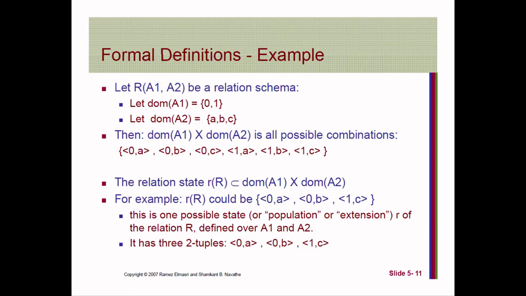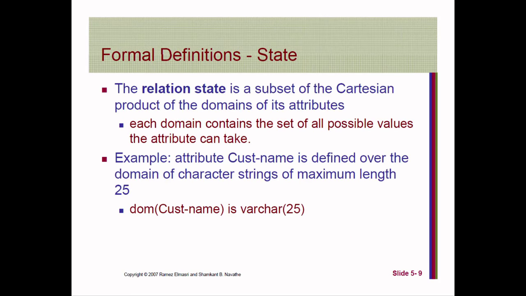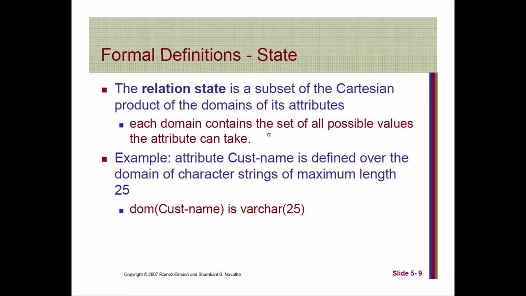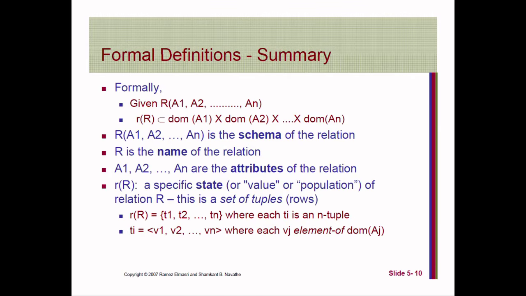Why? If you remember, we defined a relation state as a set of tuples. And in a set, does the order of the elements matter? The answer is no. T1, T2, Tn is the same as Tn, T2, T1.